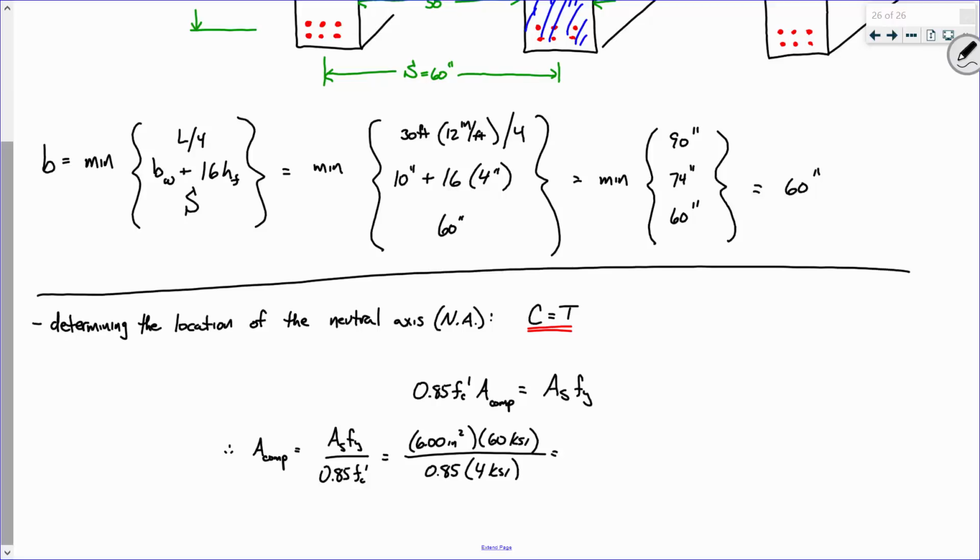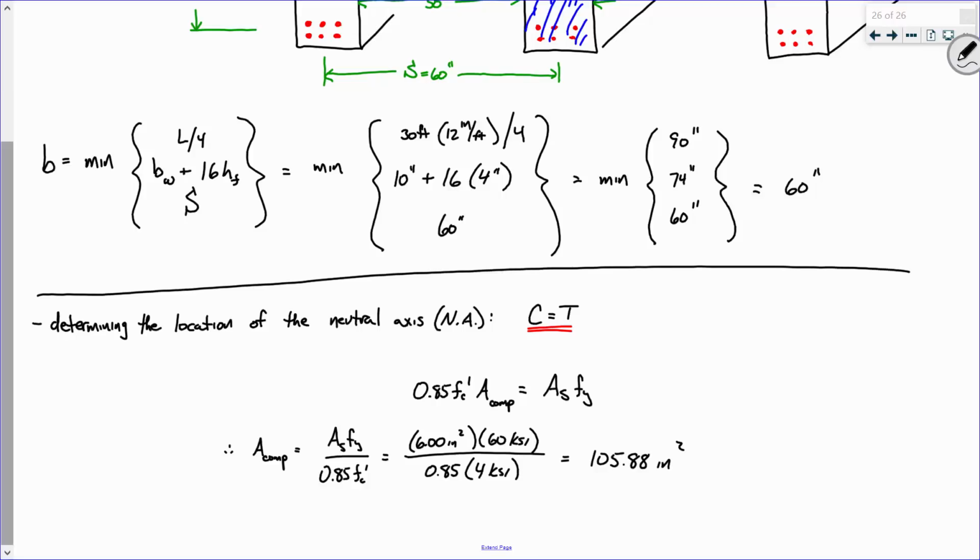105.88. Do I got a second on that? I don't have any seconds. There we go. No, we've got to have a second. 105.88 square inches.